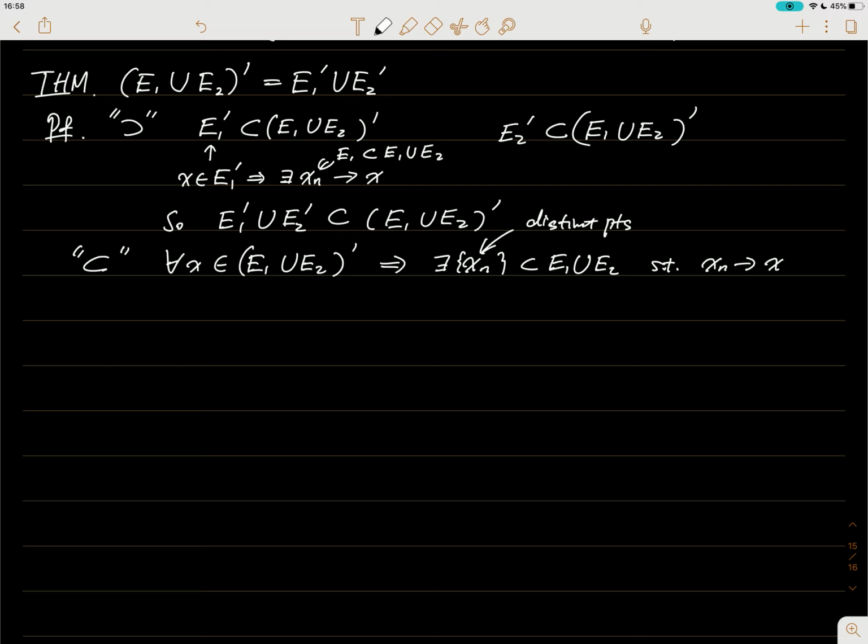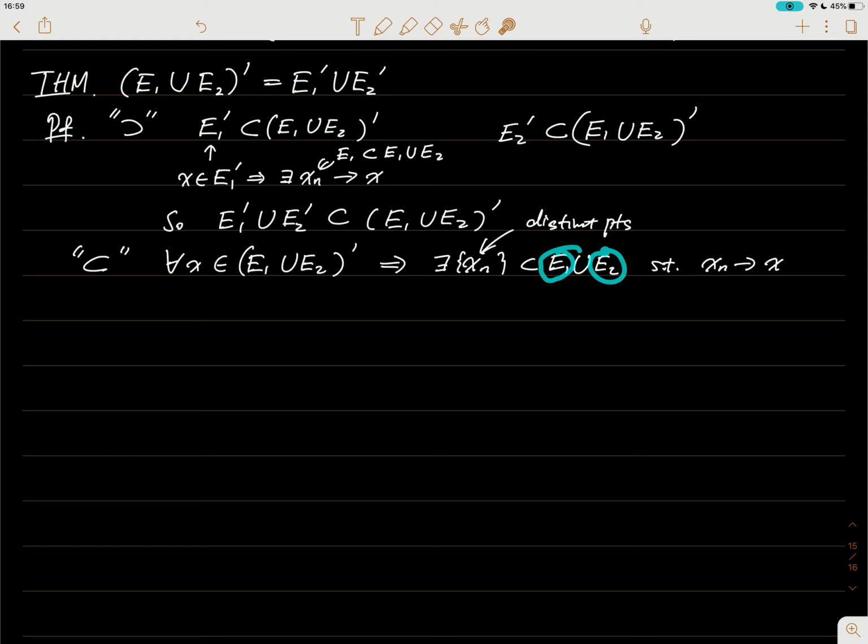Well, I have a sequence of points that converge to x, and the sequence is from the union here. So that means at least one of them contains infinitely many terms of the sequence. Otherwise, if both of them only have finitely many terms of the sequence, then we cannot really get this sequence, right?